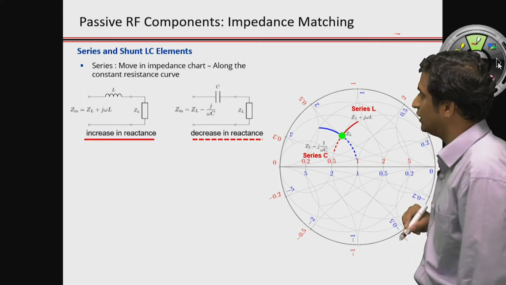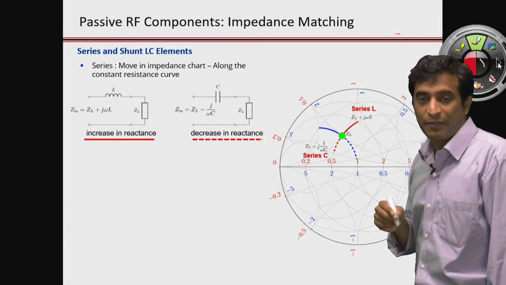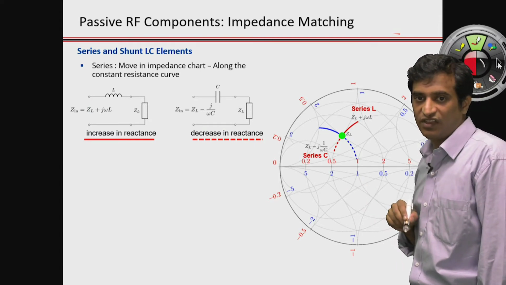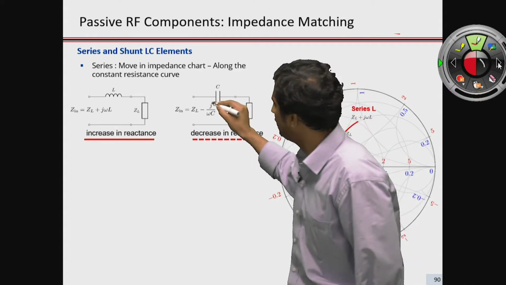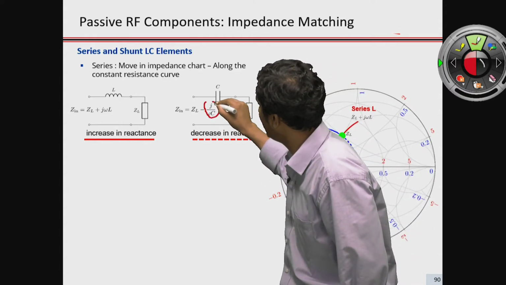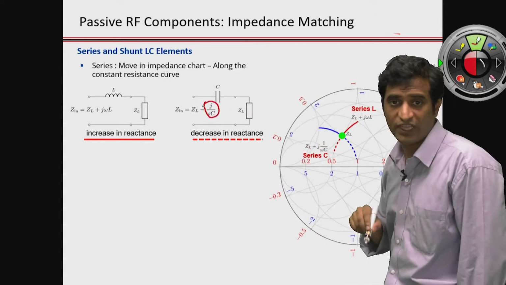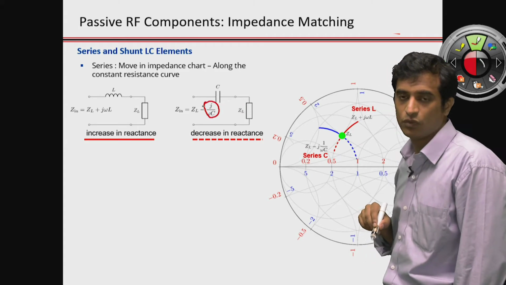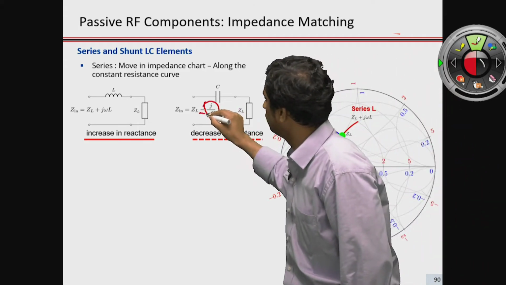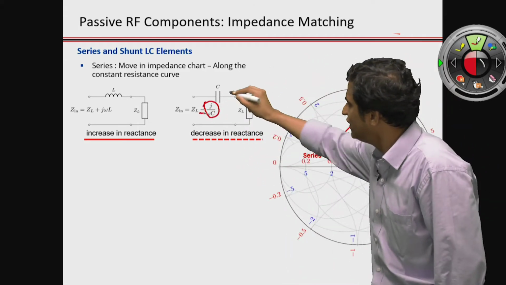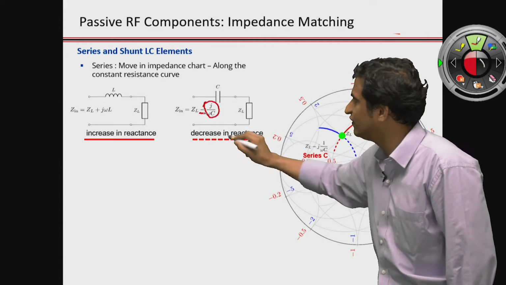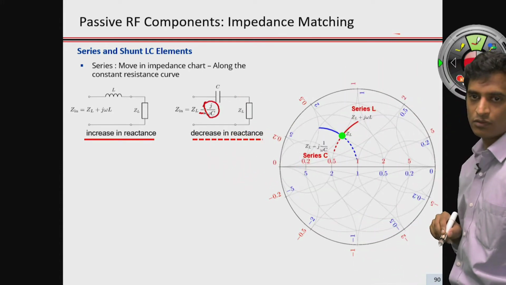How about the capacitor case? When a capacitor is connected in series, we know that the reactance of a capacitor is negative, minus j over omega C. So when you connect a capacitor in series, the reactance is decreasing.